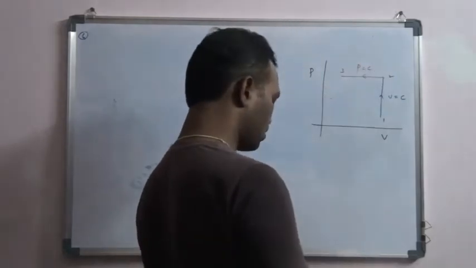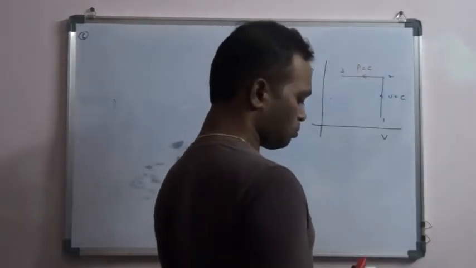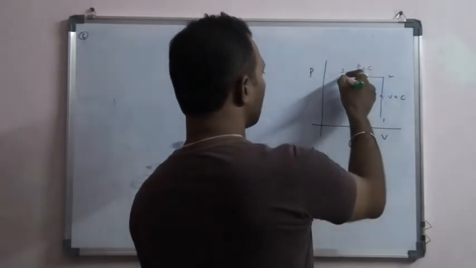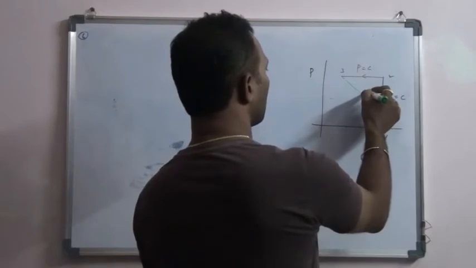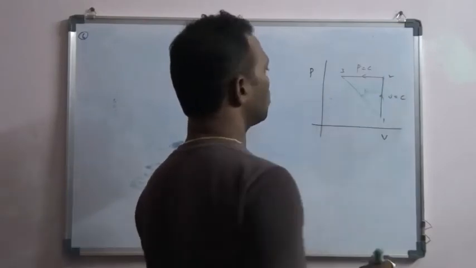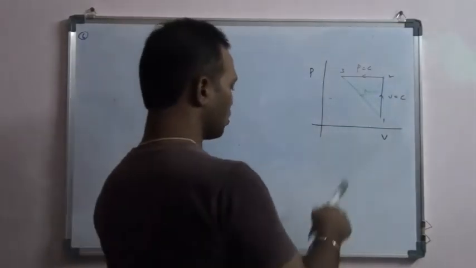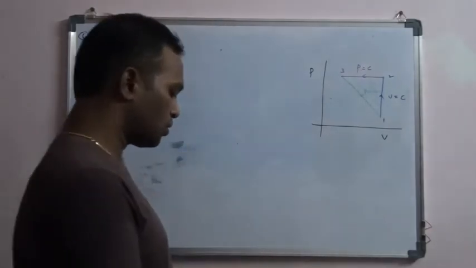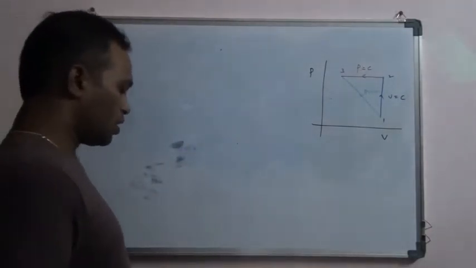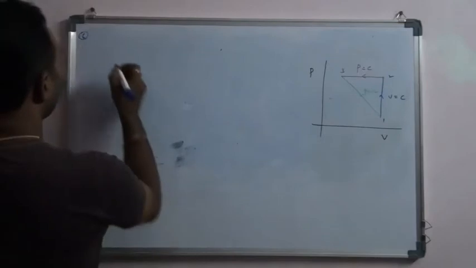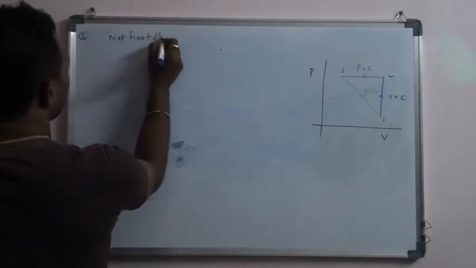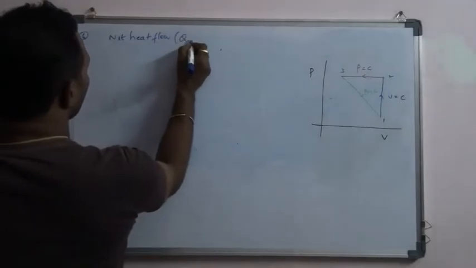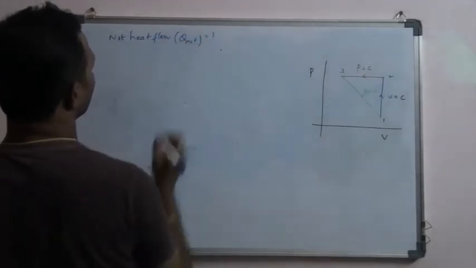And process 3 to 1 is an isothermal process, PV equals constant. So this is your actual PV diagram. What we need to calculate is the net heat flow.